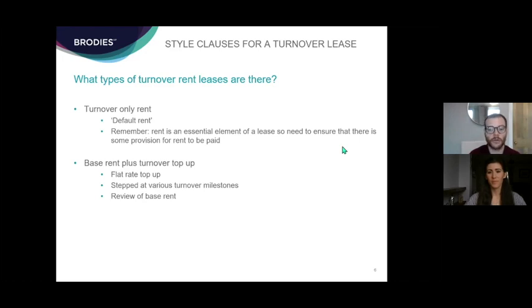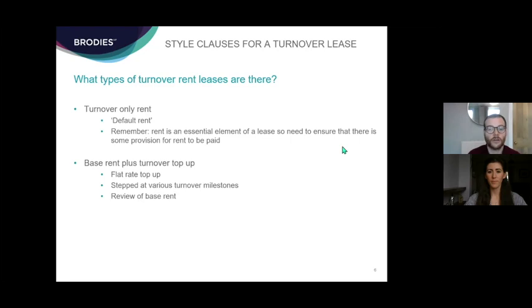And we'll come on later on to have a look at a style clause for that. And also the other important point to remember with a turnover only provision is that there needs to be some element of rent payable by a tenant to a landlord in order to ensure that a valid lease has been constituted.